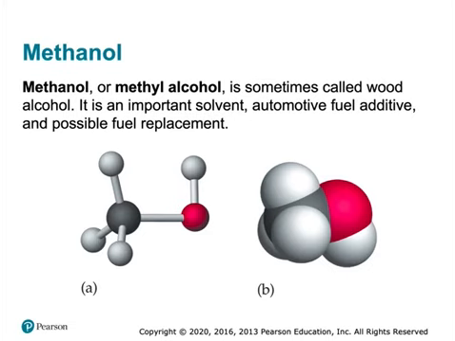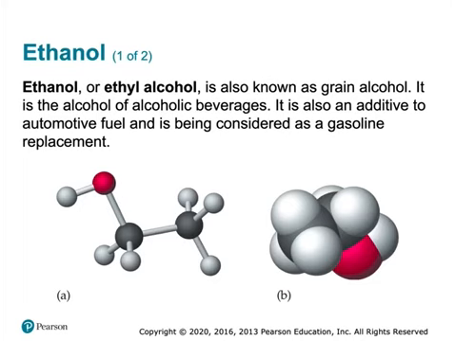I disagree with the book on this. Ethanol is grain alcohol, and it's already added to gasoline. We have 10% added to gasoline in Hawaii, and many other places add up to 10%. What's so special about 10%? Especially maybe 20%.